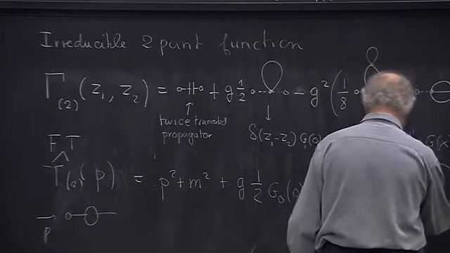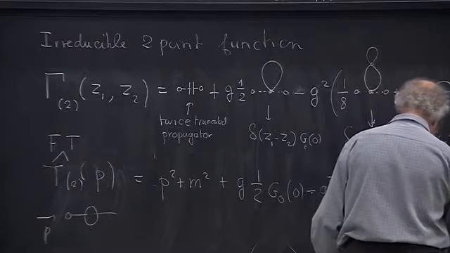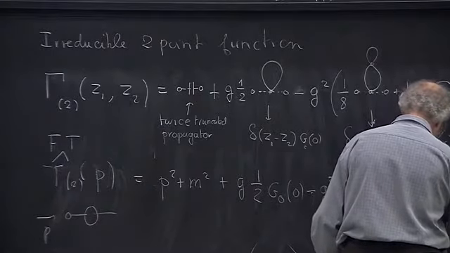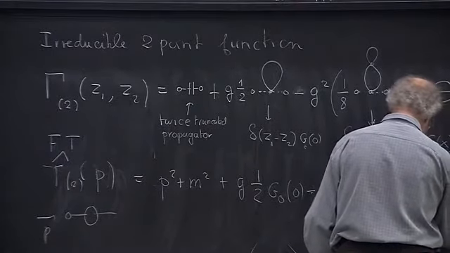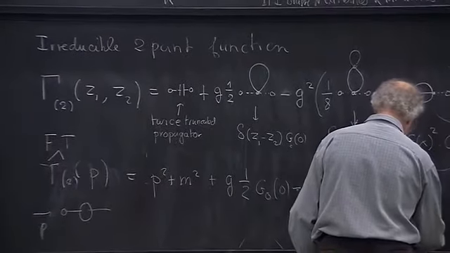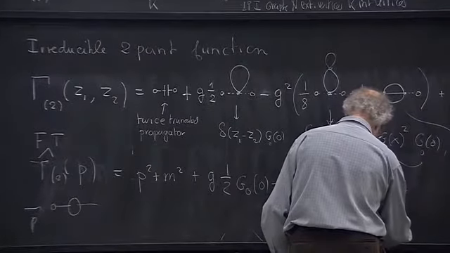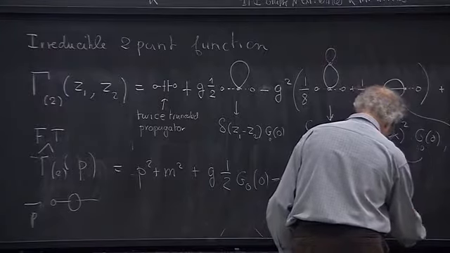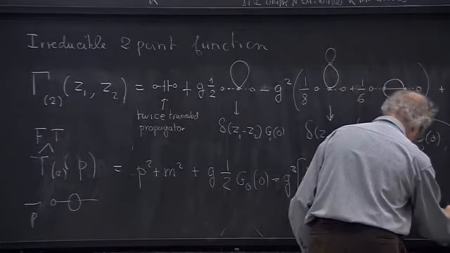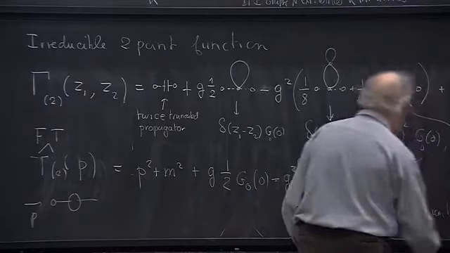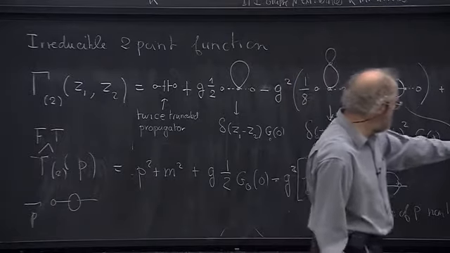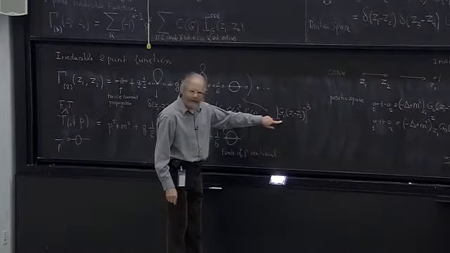And this is this object, which, if you have an incoming momentum, is some non-trivial function of P, because it is the Fourier transform of the cube of the propagator.